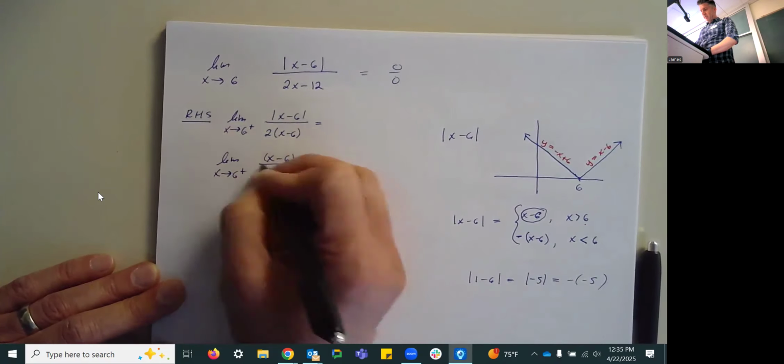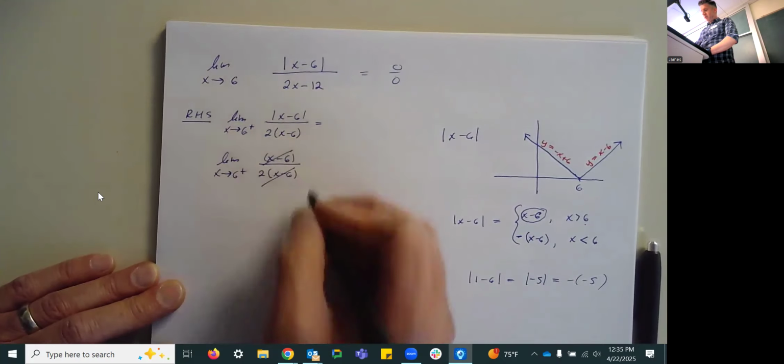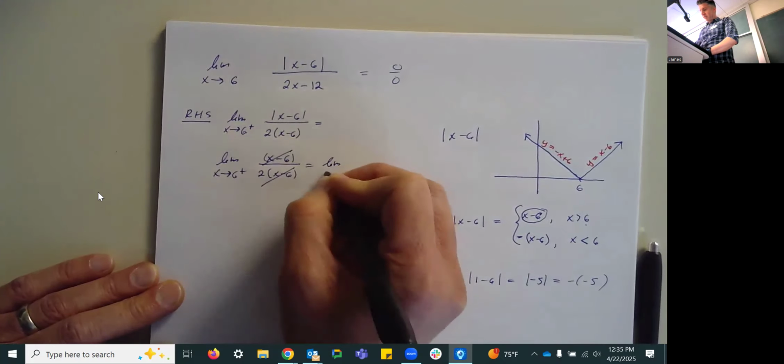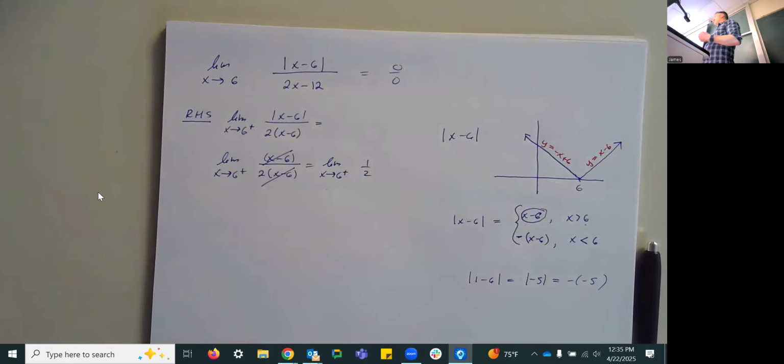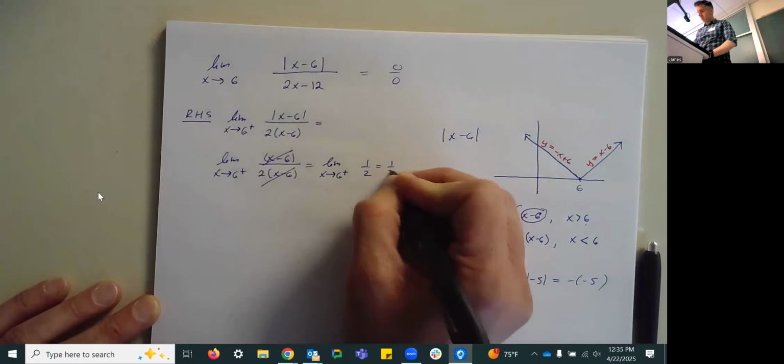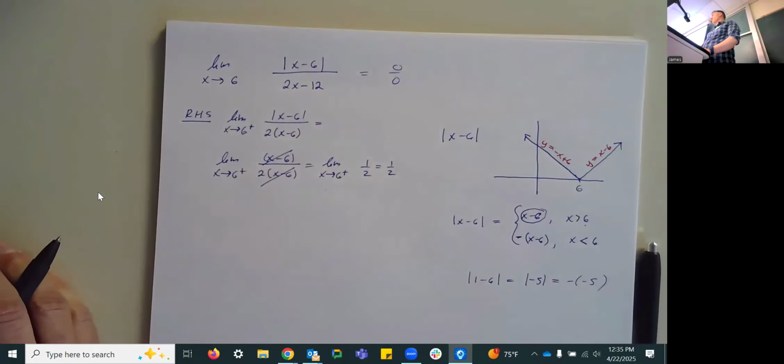The x minus 6's divide to 1. So we're left with the limit as x approaches 6 from the right of 1/2. And the limit of a constant is just that constant value. Okay, the right-hand side limit is 1/2.